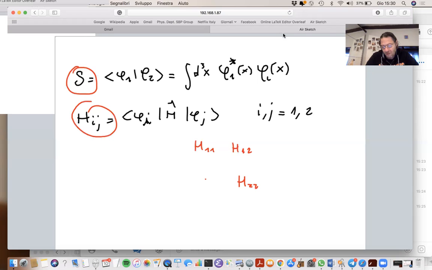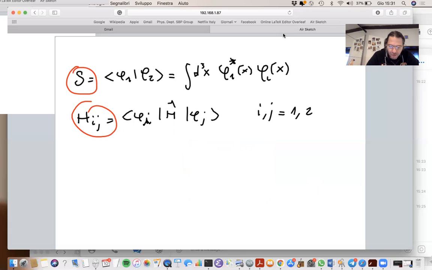Remember, the Hamiltonian is Hermitian, so the Hamiltonian matrix is symmetric, if the Hamiltonian elements are real. If they are complex, I should have put a complex conjugate, but in this case I assume everything to be real. And so there are going to be 3 independent elements from here, plus S, which is another independent number. So there are 4 three-dimensional integrals you have to compute on a computer. And I assume that your computer code has done it very well.